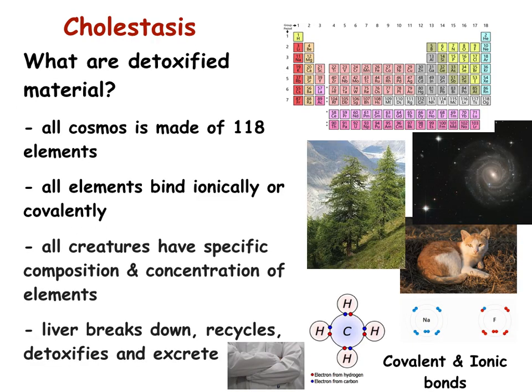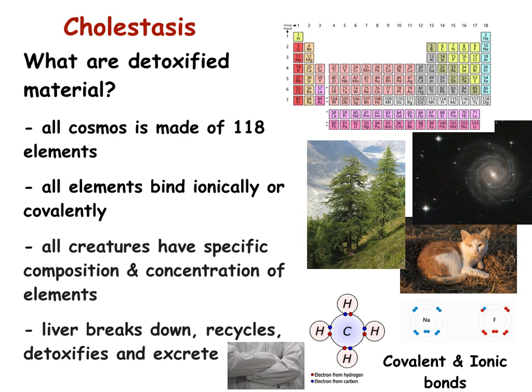What else is detoxified? And why do we need to do this detoxification story? Because as we all can see, all the cosmos is made of 118 elements. All the elements bind ionically or covalently. Trees, universe, cats, even doctors are made of only 118 elements, and these elements bind in covalent or ionic bonds.